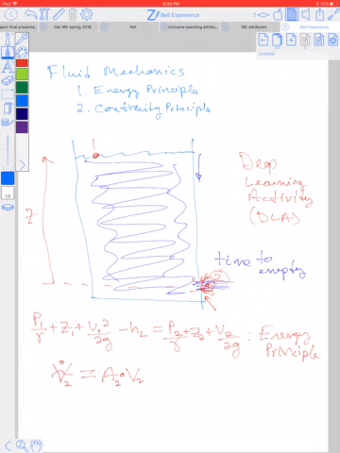When we do this problem, there are going to be some simplifications we can make. The pressure felt at point 1 is atmospheric pressure, and that's the same as the pressure at point 2. So the pressure at point 1 and the pressure at point 2 are the same.